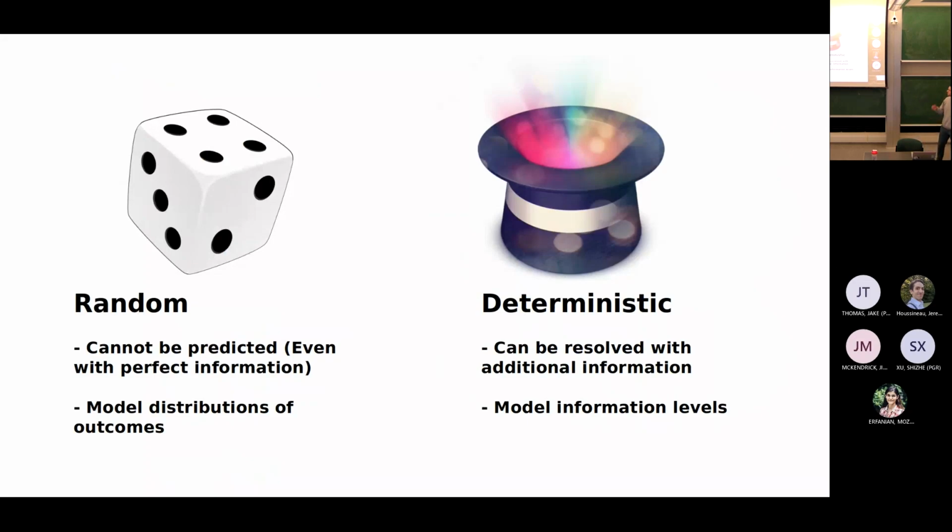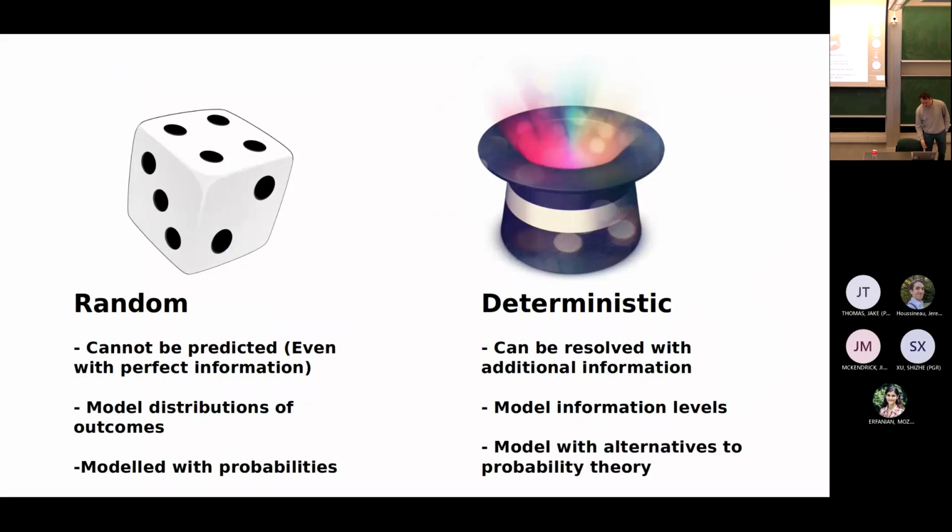When we're trying to describe random uncertainty, we're modeling the distribution of outcomes, and with deterministic uncertainty, we're modeling our information levels about a fixed quantity. Because of that, random uncertainty can be modeled with probabilities, but deterministic uncertainty is not usually modeled particularly well with probability theory.